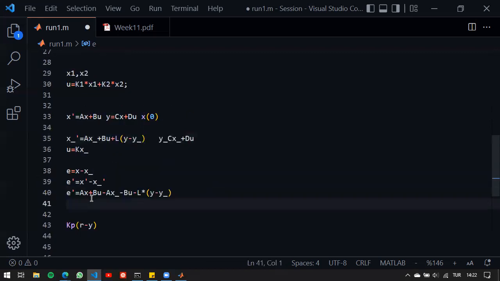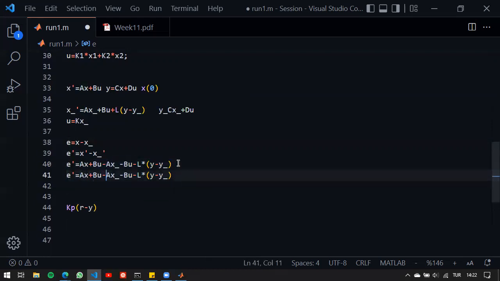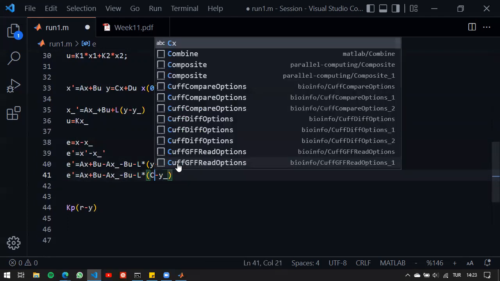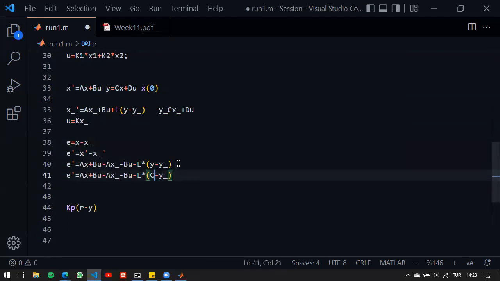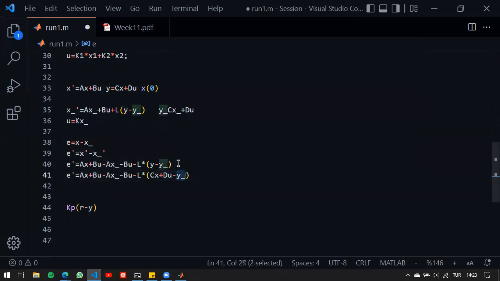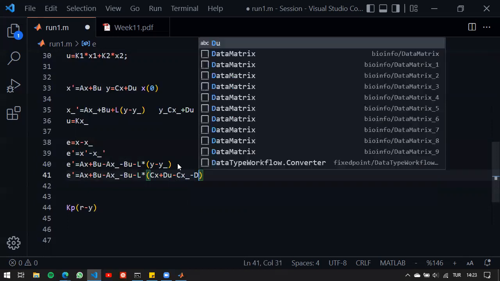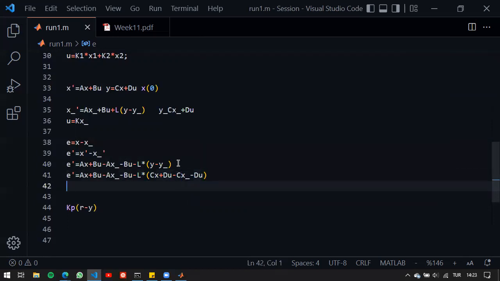Now, since we have, again, linear systems, since I know the model, this here is not actually that complicated. Now, I know that y equals cx plus du. I'm going to use that information. And I've constructed almost the same. So x dash minus du.